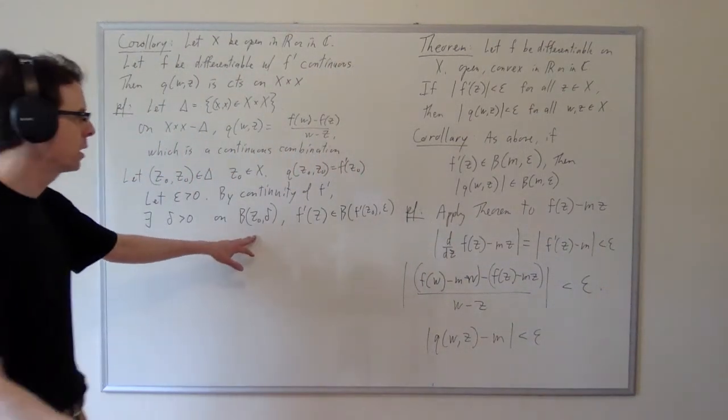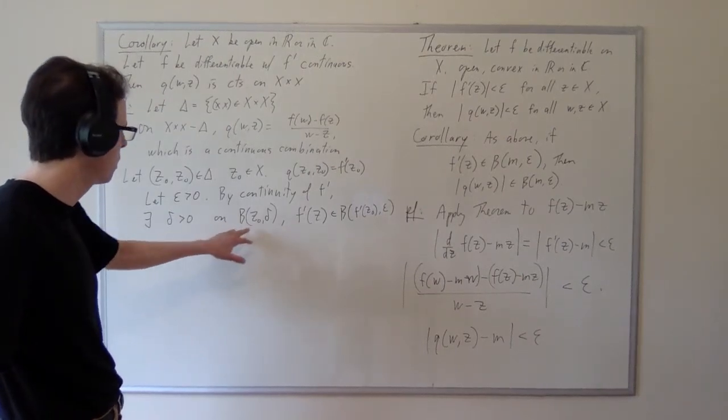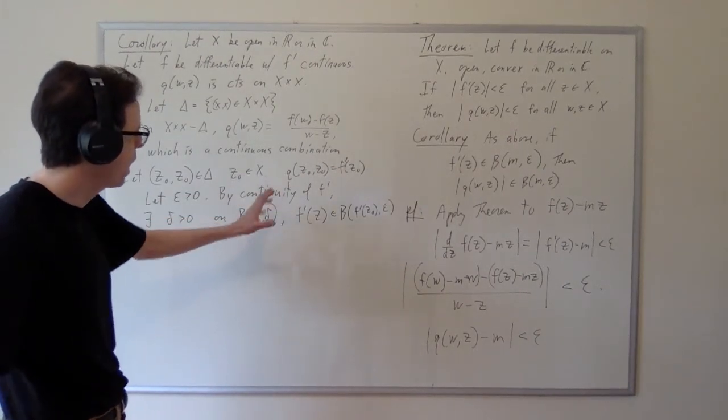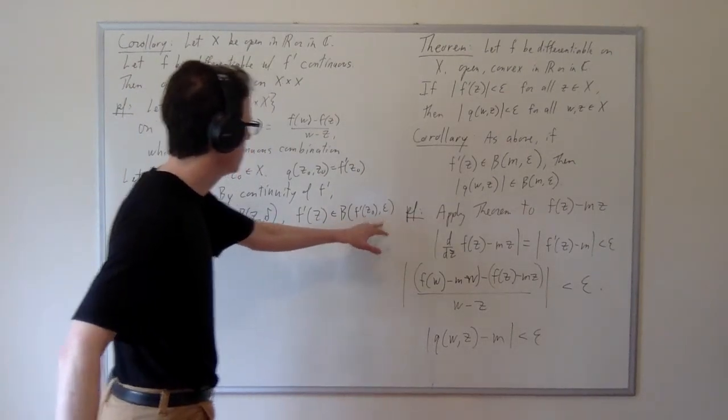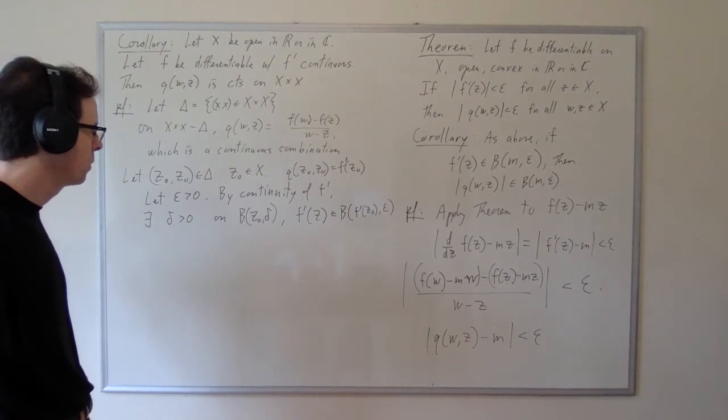So this is a direct application of the continuity of f prime. Basically, there's a delta ball of z naught where f prime takes all of its values into this epsilon ball of f prime of z naught. That's the continuity of f prime.